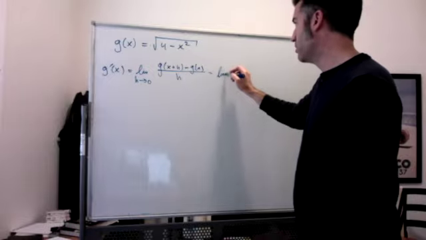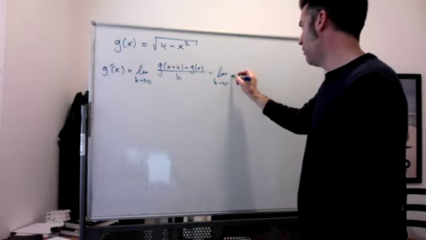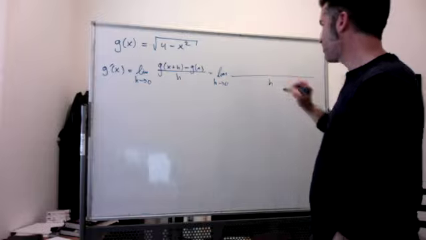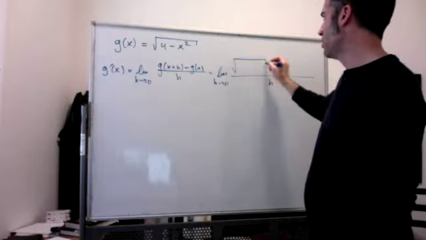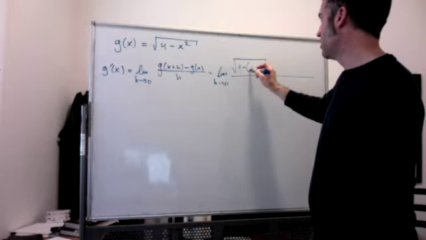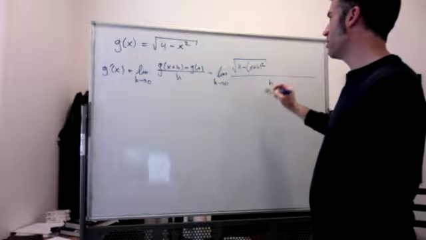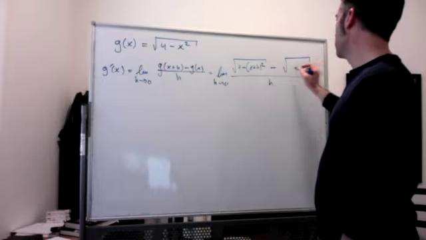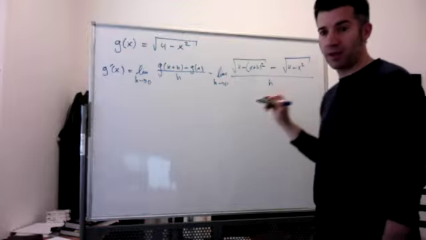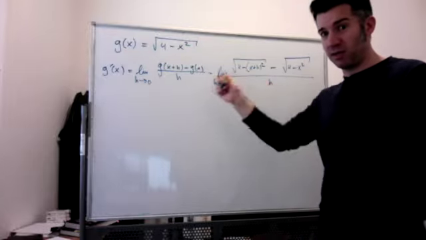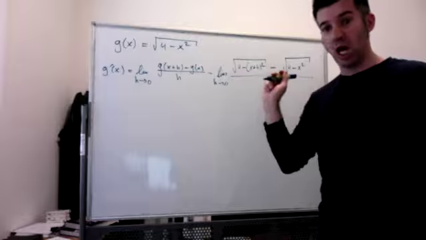All right, step. Limit as h goes to 0 of, I'm going to have the square root of 4 minus x plus h squared minus the square root of 4 minus x squared. And in the past, we've seen that when we're subtracting something from a square root, we have to multiply by the conjugate.